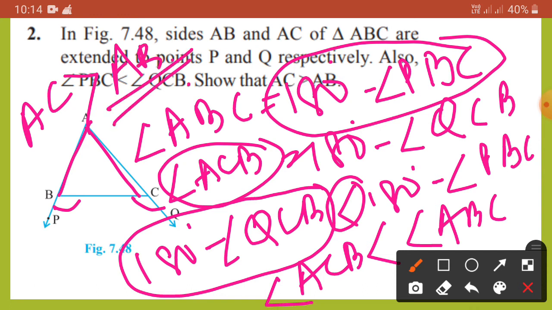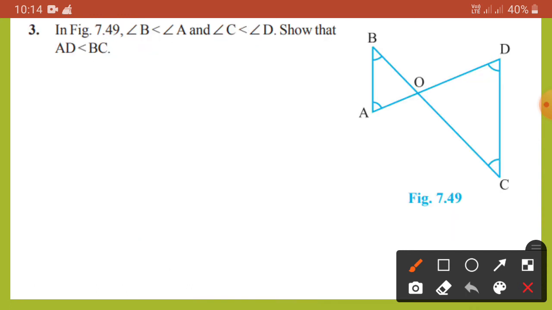Proved. Now question number 3. In this figure, angle B is less than angle A and angle C is less than angle D. Show that AD is less than BC.